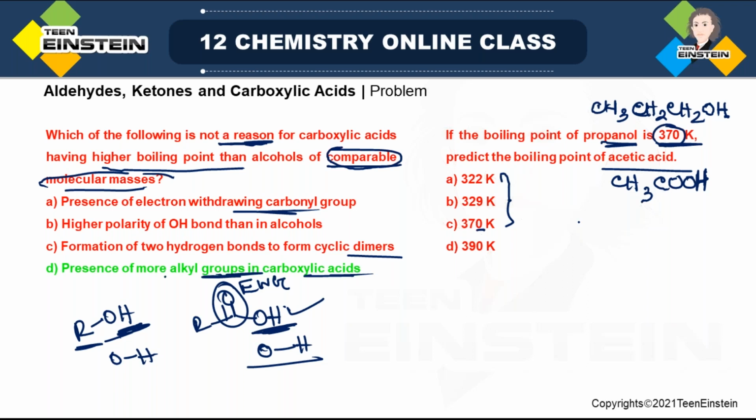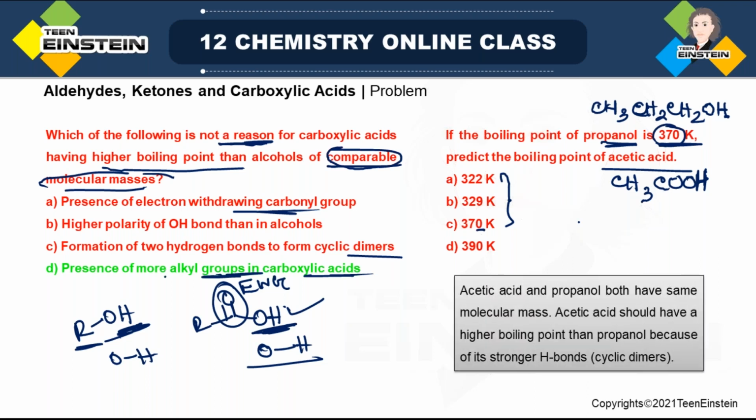Right? Now we know that when comparable molecular mass is present, then compared to alcohol, carboxylic acid will have higher boiling point. So if we check their molecular masses, they are actually having the same molecular mass. Now why is it so?